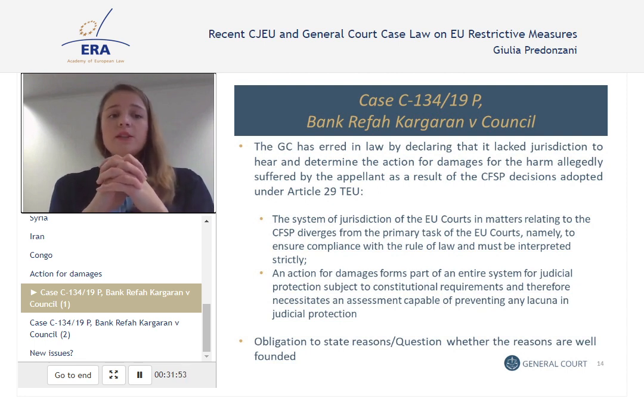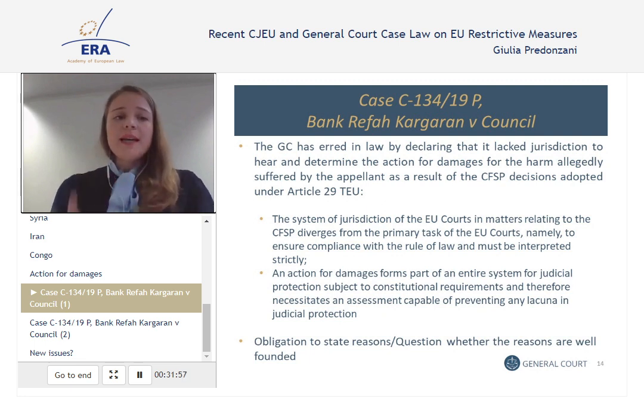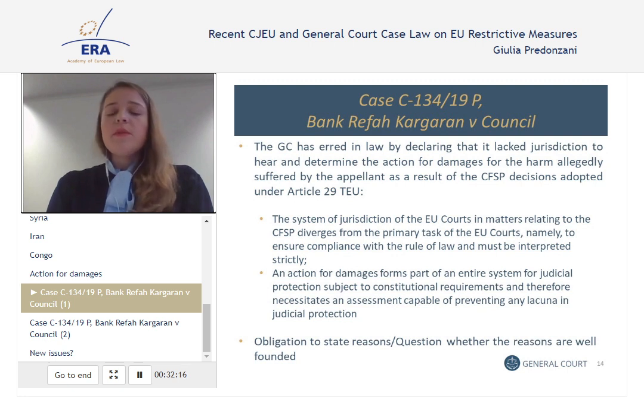Although such exception does not expressly mention an action for damages, the court relies on the necessary coherence of the system of judicial protection in order to interpret the scope of its assessment. From that point of view, the court points out, first of all, that the system of jurisdiction of the EU in matters relating to common foreign security policy diverges from the primary task of the EU courts, namely to ensure compliance with the rule of law. As such, the special scheme must be interpreted strictly.